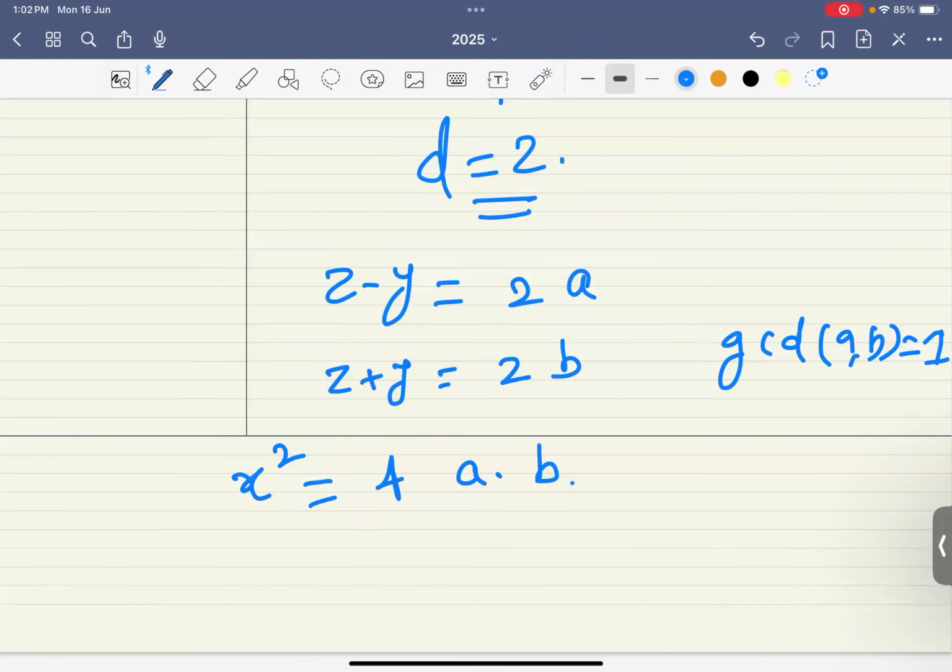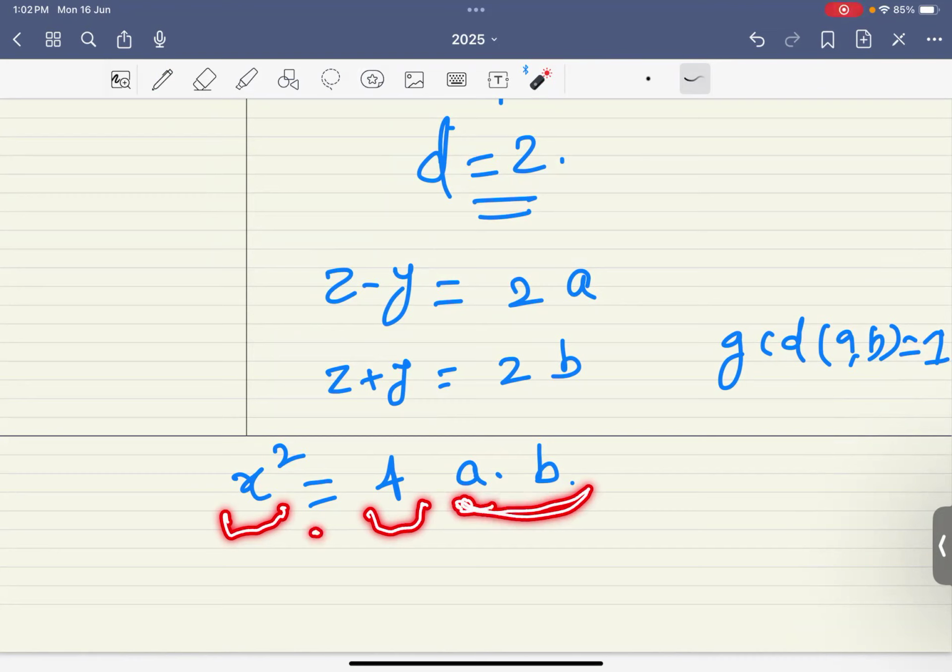Right. Now have a look at this. This side is a perfect square. So this number must be a perfect square for the left hand side to be a perfect square. And since these numbers are co-prime, they must be perfect squares themselves.